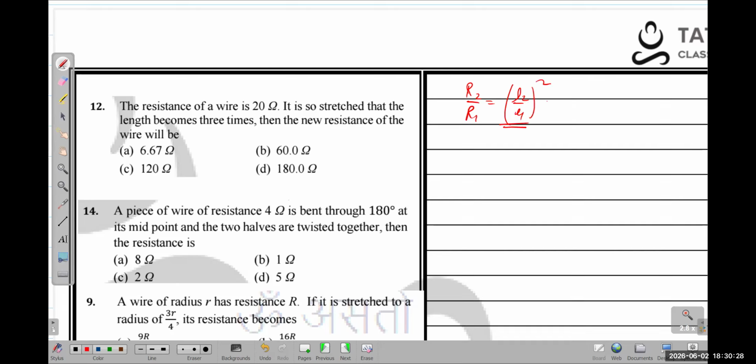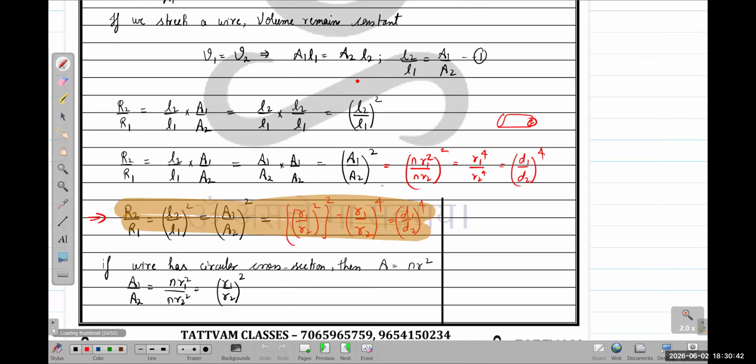So this means 3 times L by L, whole square. L is done. This is 9. R2 by R1, R1 is 20, R2 is 180. Answer. Sir, what about the radius? It is already taken care of from here. This is what we did over here only, so we don't need to. No, that's why I was asking you.